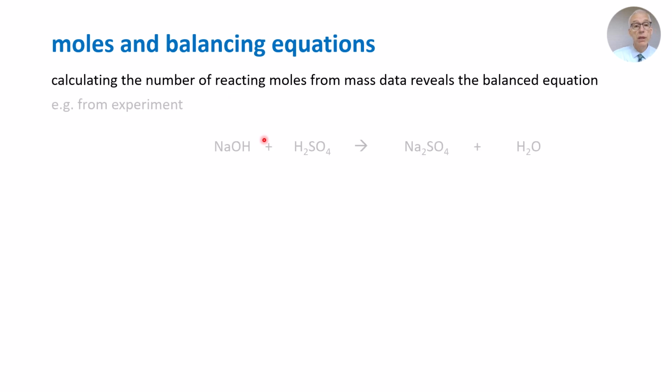So, an example. From experiment, a reaction between sodium hydroxide and sulfuric acid, or hydrogen sulfate, gives us sodium sulfate and water.